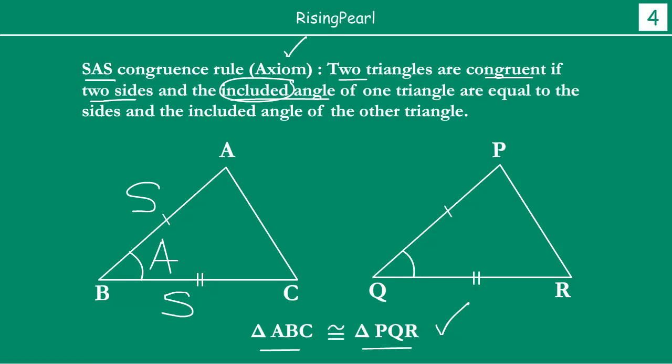He said basically this is always true. So this congruence rule को we are calling SAS congruence rule, and this is our first of many congruence rules दोस्तों जो आप देखोगे we are going to learn.